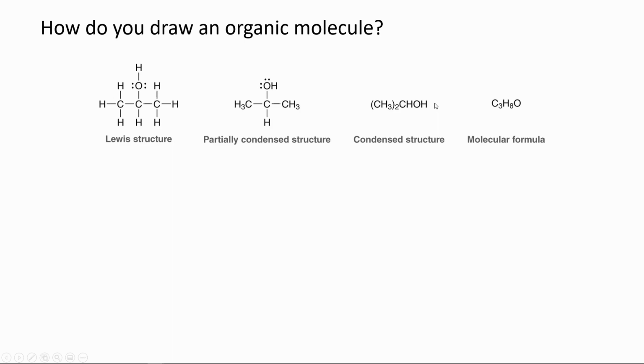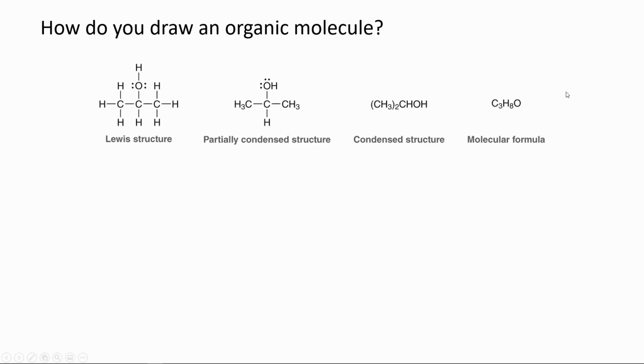We have the condensed structure. In the condensed structure, it's written out in a single line and no bonds are shown. In this case, we lose a little bit of the three-dimensional information, but it can kind of be implied through the condensed structure. And finally, we have the molecular formula. This gives you the least amount of information about the molecule.